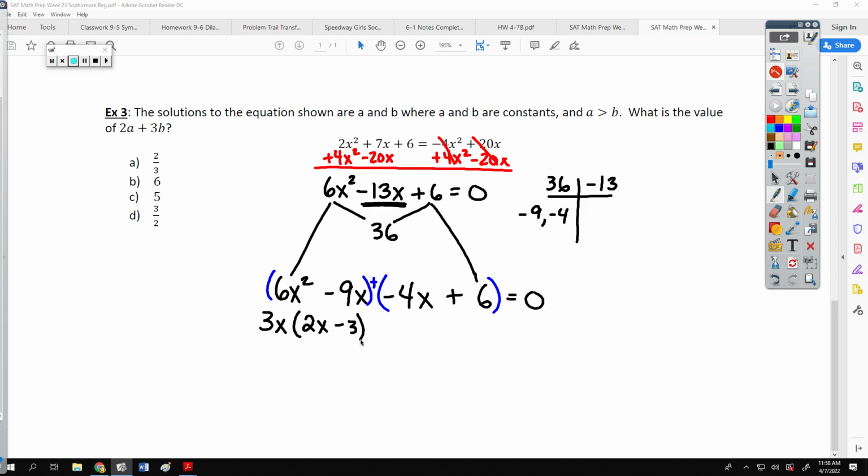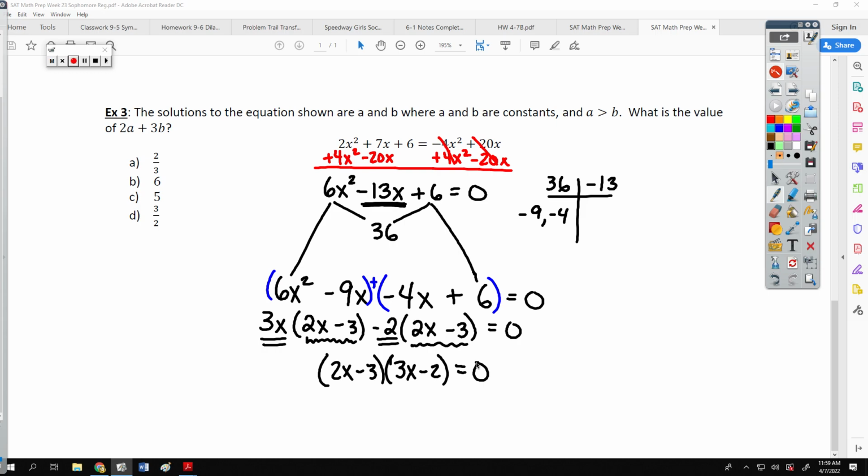However, we want what's left in the parentheses to match what's in the parentheses for our first group, which means instead of 2, we need to take out -2 to change the signs and make it match, so that 2x minus 3 will be in both sets of parentheses. That still equals 0. So then we have our factors, because our factors are what is inside the parentheses, 2x minus 3, and what is sitting in front of the parentheses, 3x minus 2.